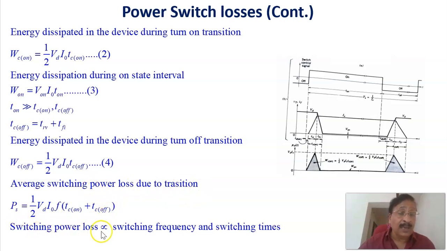So we can see that the switching power loss is proportional to the switching frequency and the switching timings. That is, switching timings means TC on as well as TC off. Therefore the switching power loss is a function of the switching frequency as well as TC on and TC off, or the switching timings.